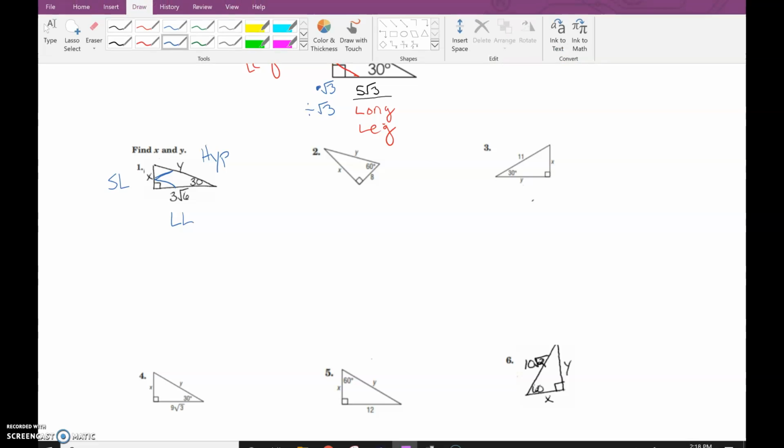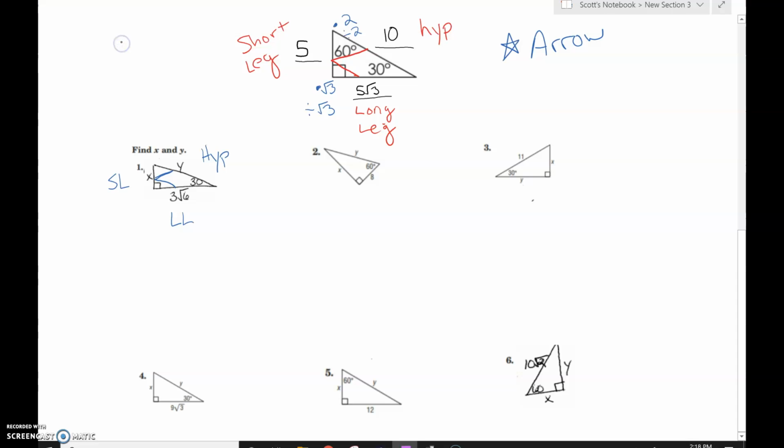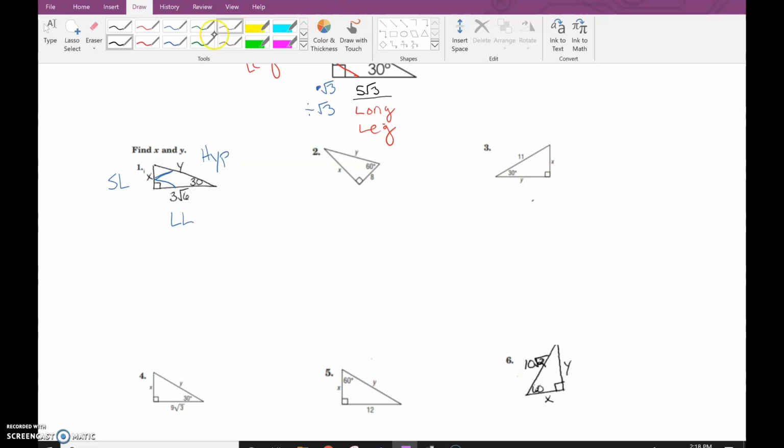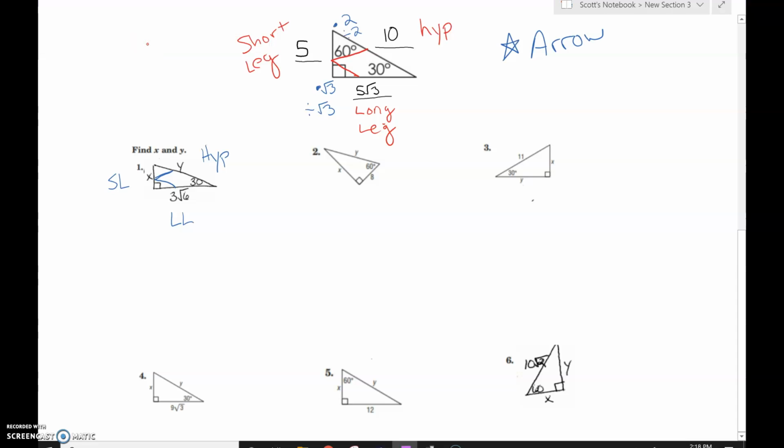Now I need to go back to my map. If I'm given the long leg and I travel from 5 square root of 3, it's getting smaller to 5. So this pattern tells me to divide by the square root of 3. It does not matter what that number is. My pattern tells me to divide by the square root of 3.